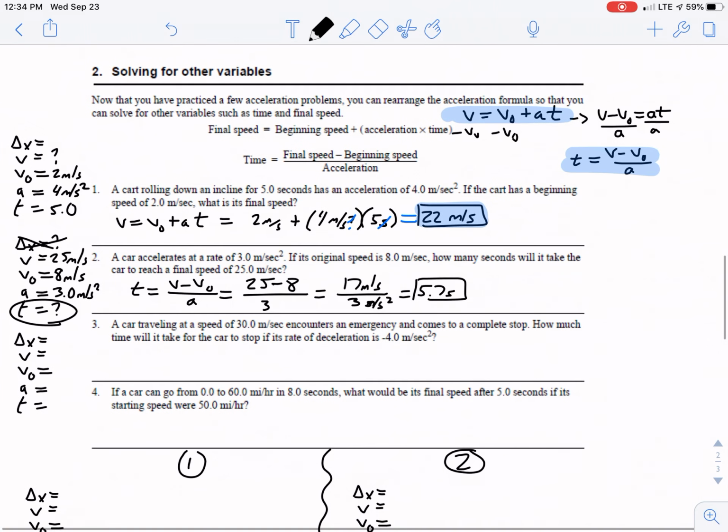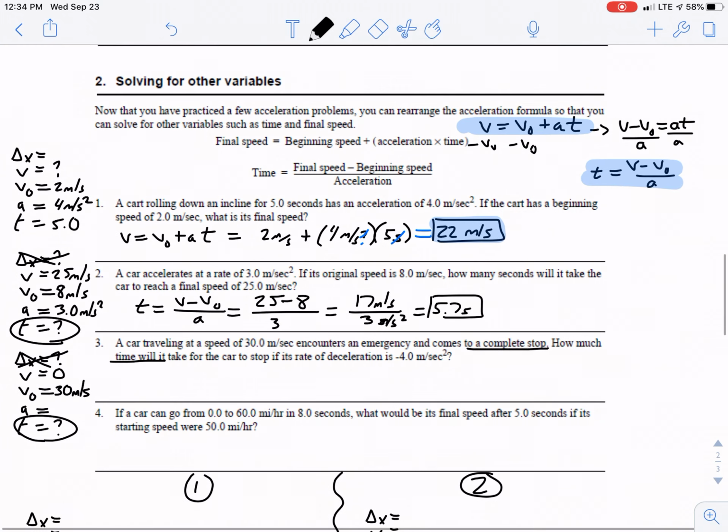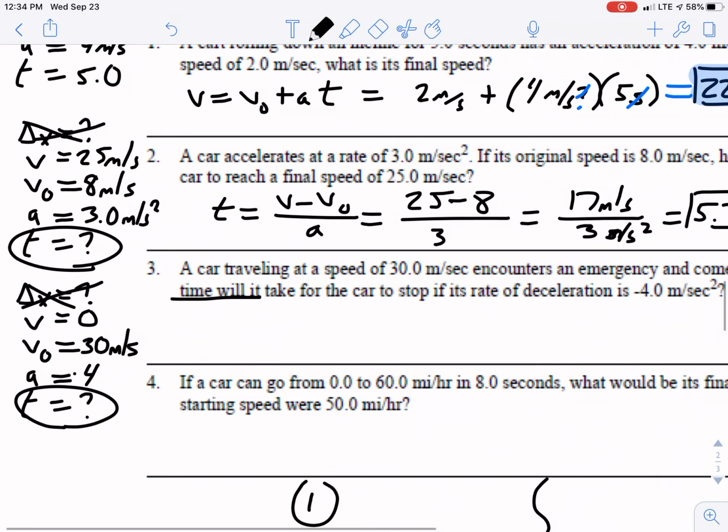In number 3, it says a car traveling with a speed of 30 meters per second encounters an emergency and comes to a complete stop. Now remember, when something comes to a stop, the final speed is 0. So the initial speed must have been 30. I don't know how far we went. It wants to know how much time, that's my main variable, and my deceleration, my negative acceleration, is -4 meters per second squared.